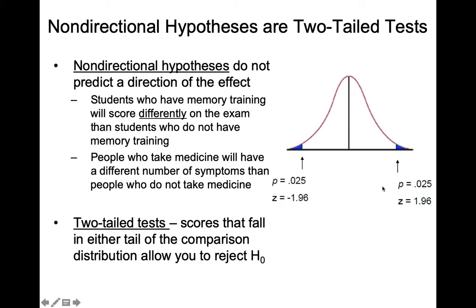We will reject the null hypothesis and find support for our research hypothesis. That would also be the case if we get a sample result that is much lower than average, that falls in the critical region, because when converted to a z-score, we get a z that is even lower than negative 1.96. Okay, so we've got these two different regions of significance.